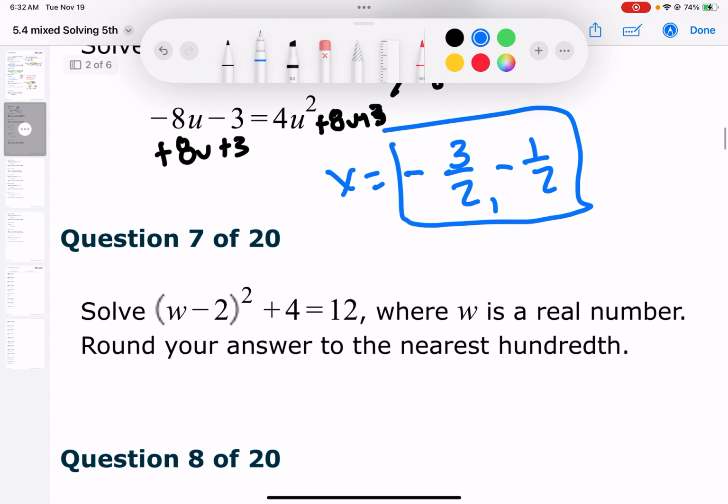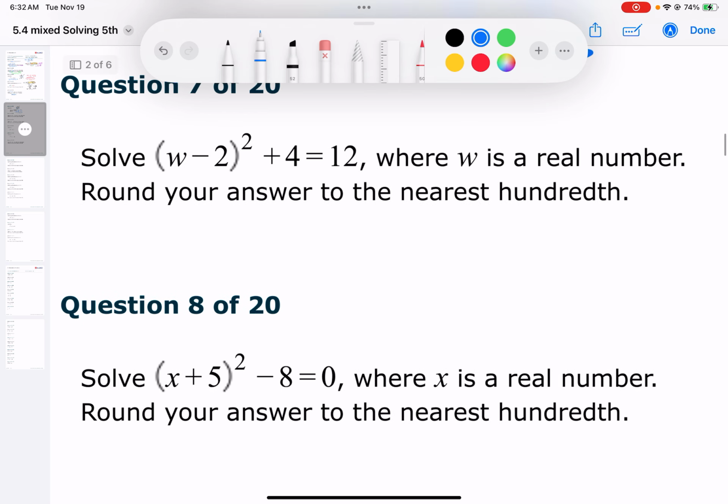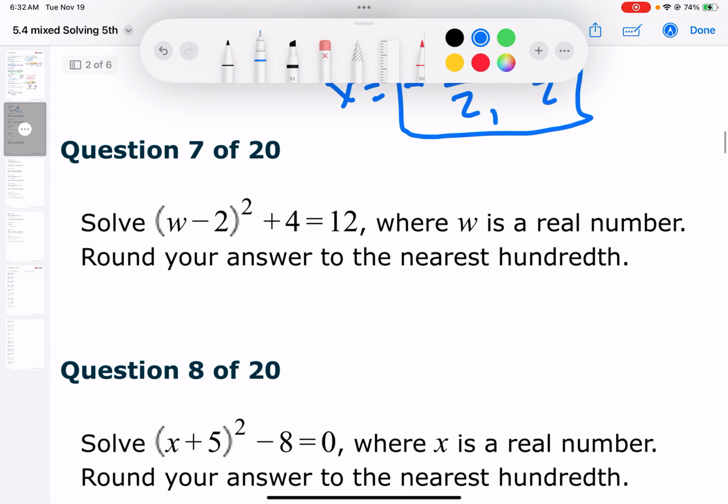And then, let's see, let's do, this is a good one. Get a -4 from each side, so I got w minus 2, that's squared, equals 8. So then I'm going to take the square root, because the square root gets rid of the exponent.